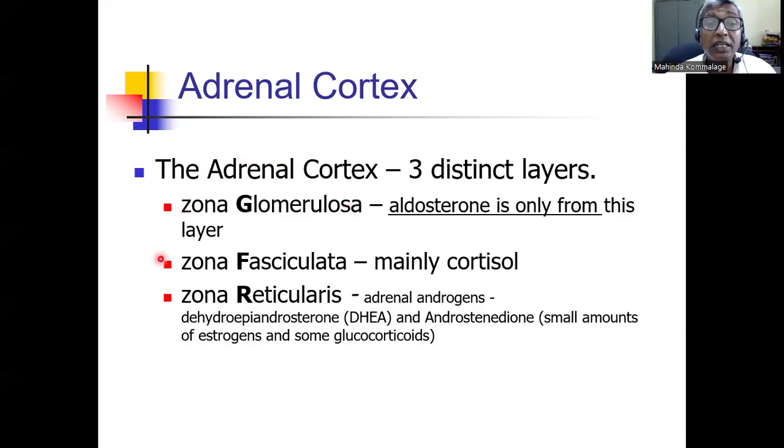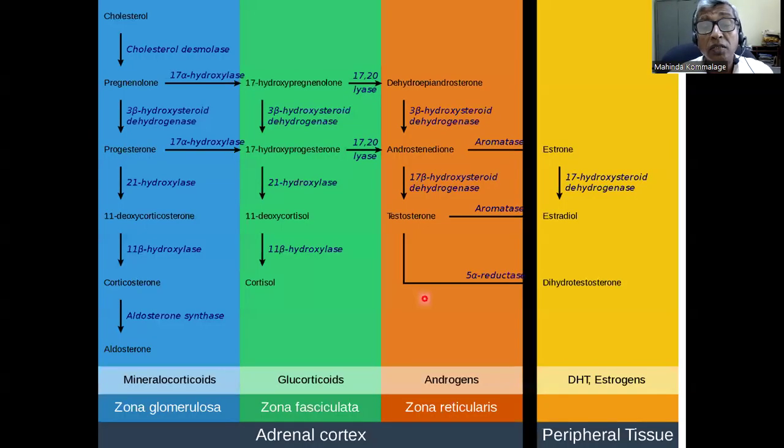Histologically, it is divided into three areas. You will learn, I hope, in histology: zona glomerulosa, fasciculata, and reticularis. Mainly aldosterone is from glomerulosa, and so on. You can see these three areas are important for certain hormones.